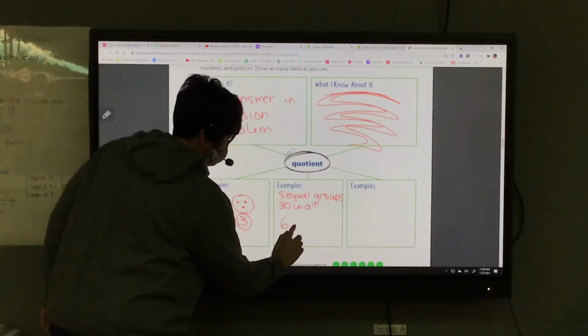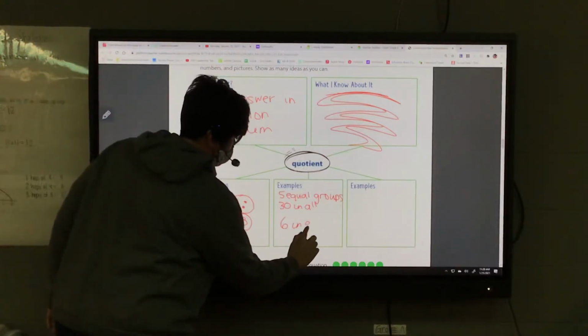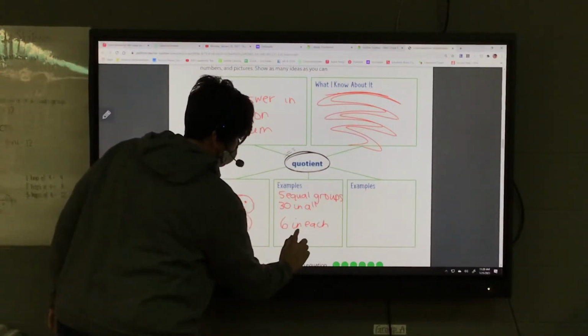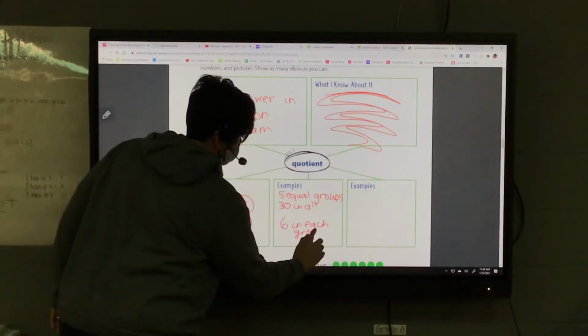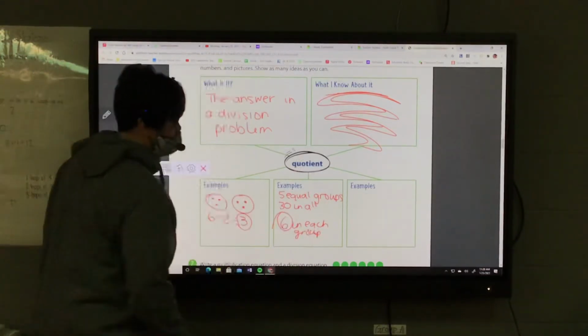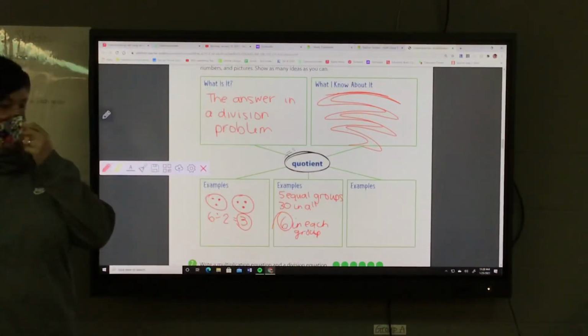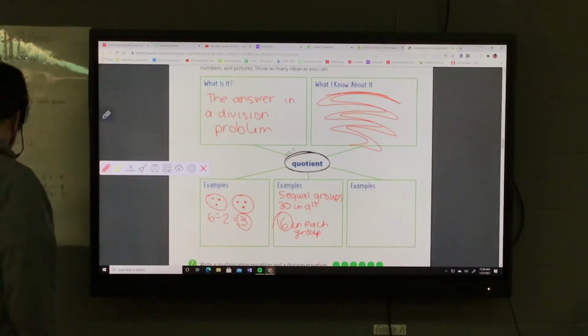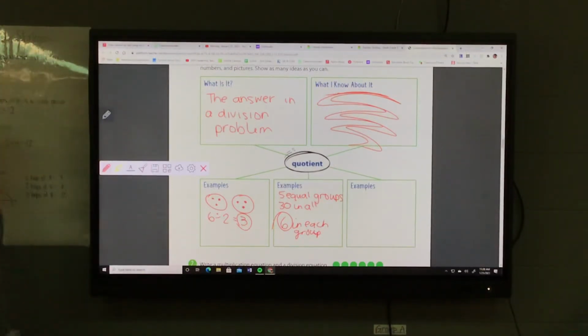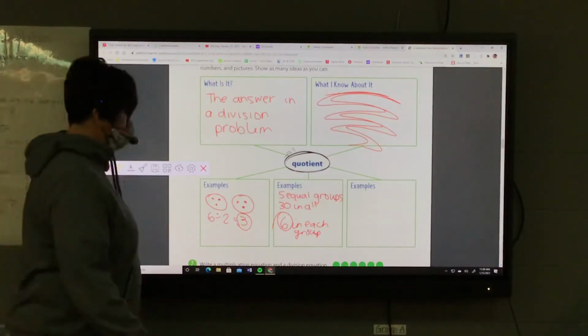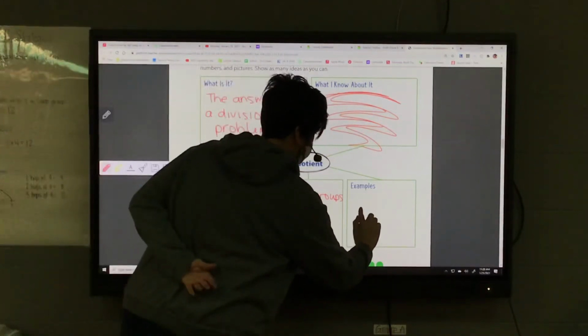That tells us 6 in each group, right? Yep. So 6 is our quotient. Let's just do this.